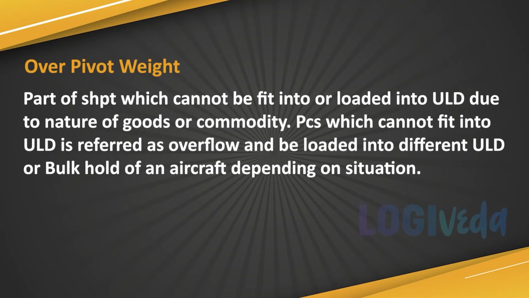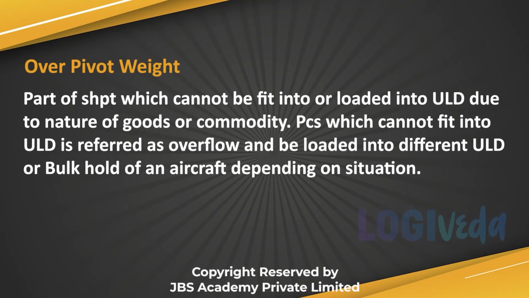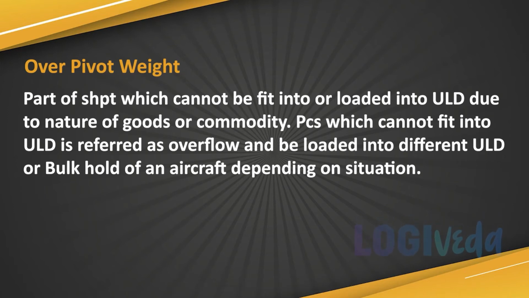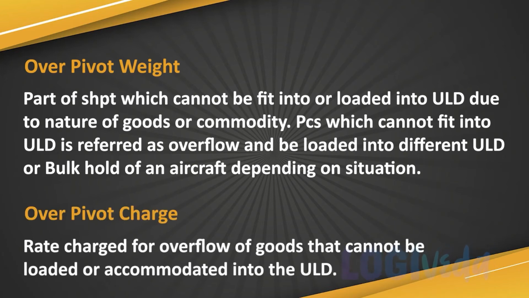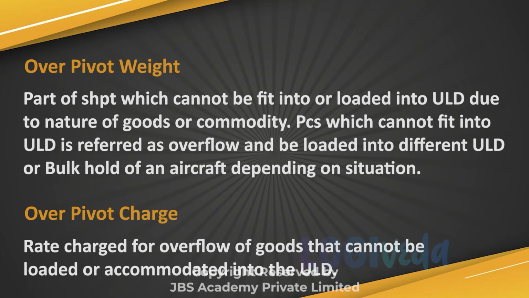Pieces which cannot fit into the ULD are referred to as overflow and are loaded into a different ULD or the bulk hold of an aircraft depending on the situation, the size and the type of cargo. Over pivot charge. This is the rate charged for overflow of goods that cannot be accommodated into the ULD of the aircraft.